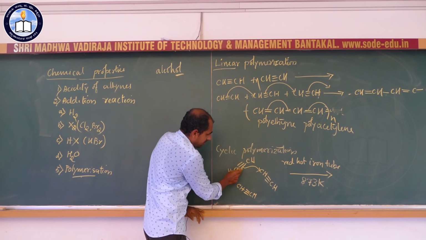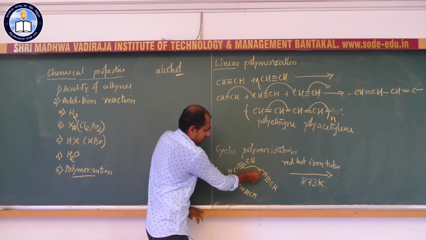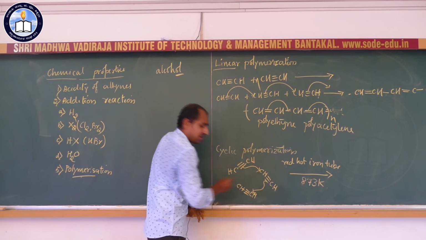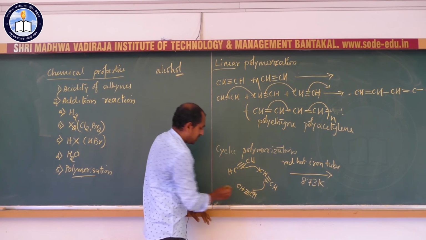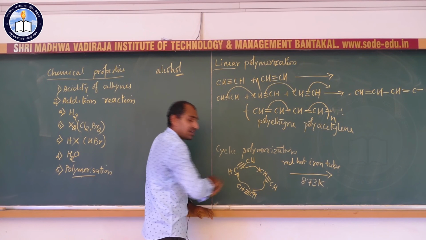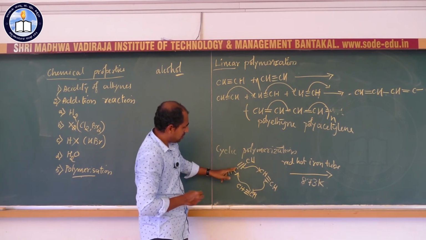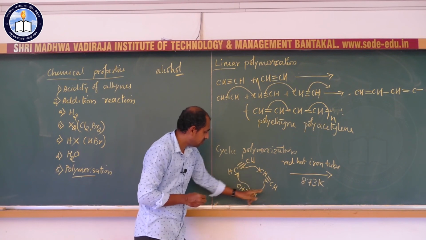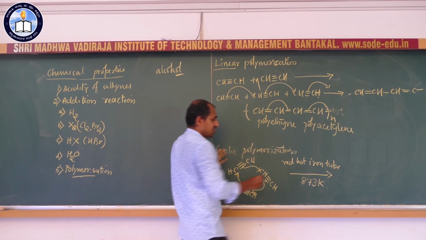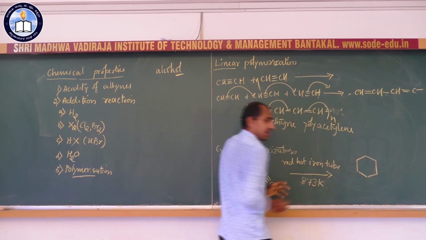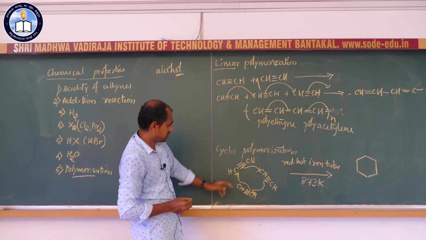One of the pi bonds attacks a neighboring ethyne molecule. As a result, these pi electrons attack another molecule, so that cyclization takes place. How many carbons are there? 1, 2, 3, 4, 5, 6. There are 6 carbons in the cyclic ring. So we get this kind of cyclic ring having 6 carbons.